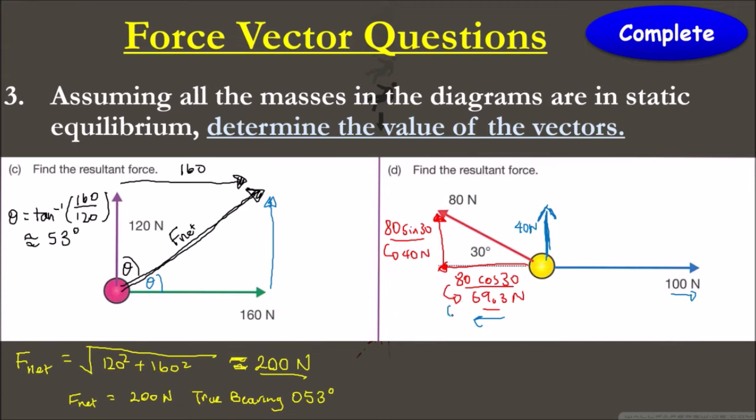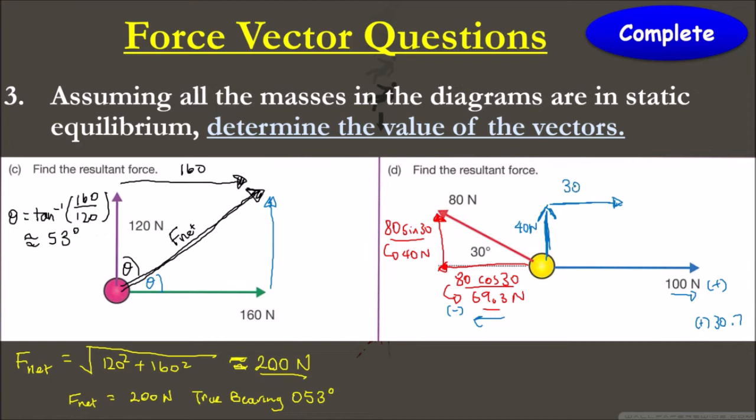So let's call this the negative direction, and I'll call this the positive direction, and I'll add them together. So my 100 subtracted by my 69.3, I get positive 30.7. So I'll draw this line over here to represent the motion that we have.